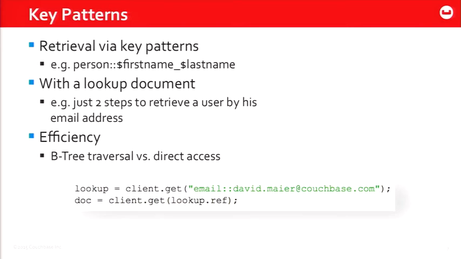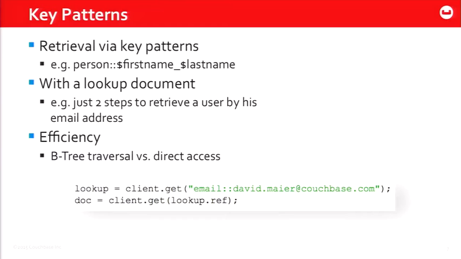The first way would be to create an index on the email address attribute and then search for the user by performing a view query, or later an N1QL query. The thing is that if you do this, you have to be aware that this is basically traversing a B+ tree index, which means that the complexity to find your user by this email address is higher than just doing a get.